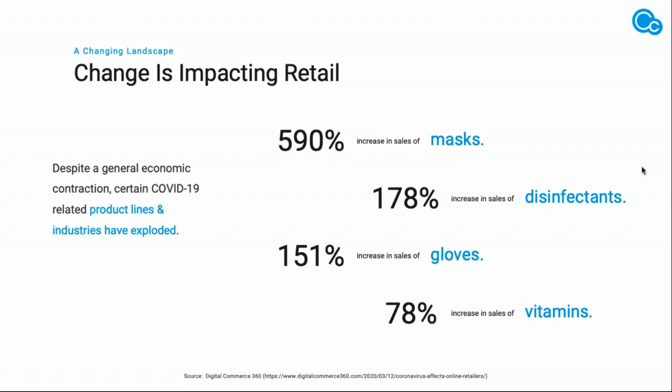So I'm not going to read all these steps on the screen here, but masks, disinfectants, gloves, vitamins, things that people may or may not have been purchasing beforehand to help combat the health risk of the virus as we slowly get back out into going to restaurants, going to stores, being able to go into your office setting. Again, the retail environment where we're seeing increases and spikes really is moving all sales online, or a large percentage of sales online. And then the medical supply and health industry is obviously seeing a huge spike in demand.